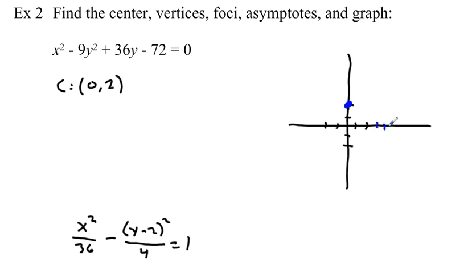So I'm going to count 6 units to the right and 6 units to the left. Our stretch in the y direction is 2. So I'm going to count 2 units up and 2 units down. And I can make a rectangular box that goes through those 4 points.